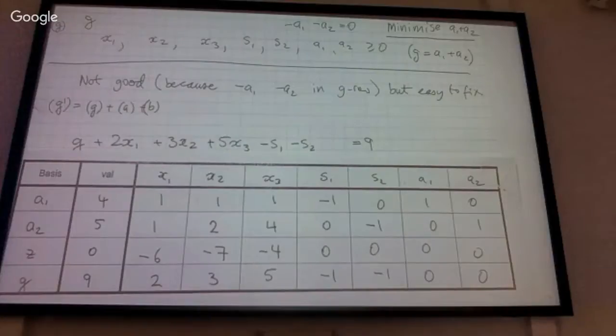Okay, everybody with me now? So, what are we doing? We're minimizing G, which means we're trying to do what? Pivot? In which way?